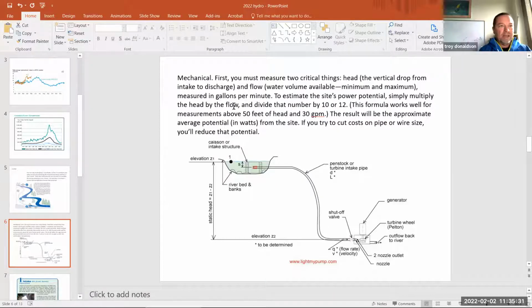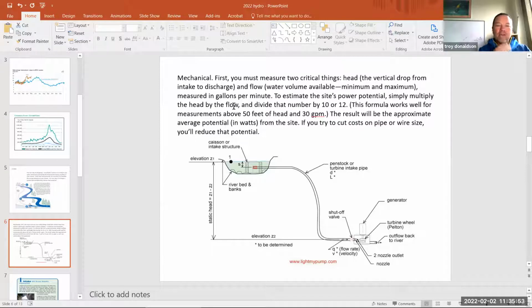So you have to have feet and gallons per minute, and divide that number by 10 or 12. The 10 and 12 is just based on the number of turns in the penstock or the supply tube, and whether it goes up and down, those kinds of things.